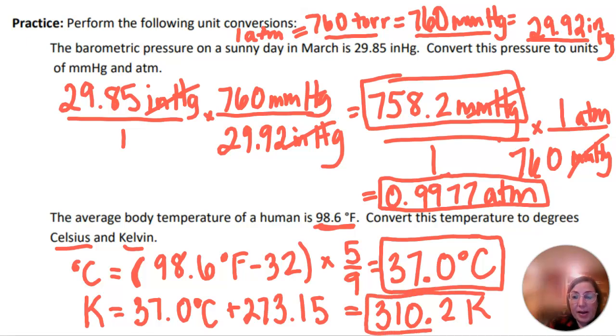Now, since we're adding, we go by decimal places, and so we end in that tenths place in terms of sig figs. So hopefully now you feel comfortable with the units that we're going to use for gas law problems, and also how to do a few conversions with them.